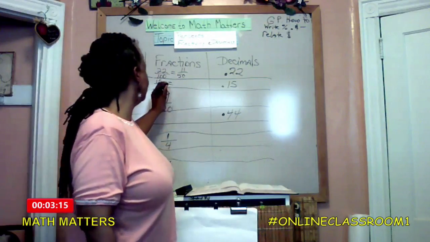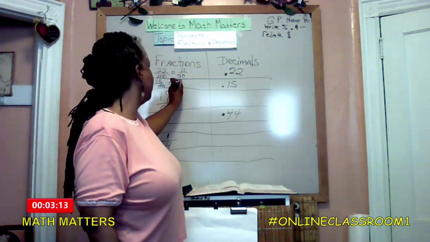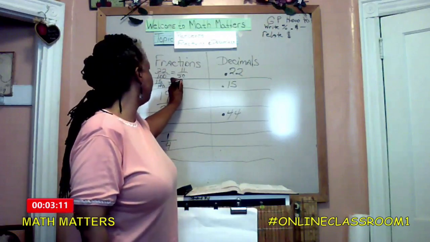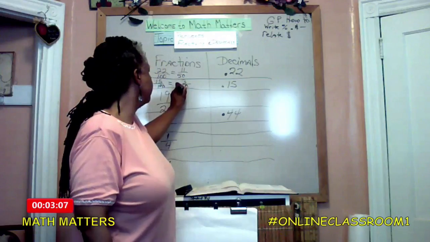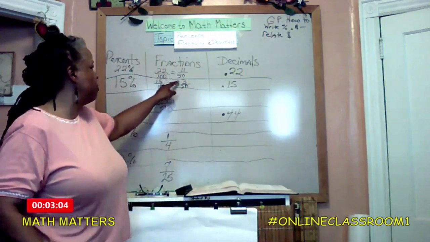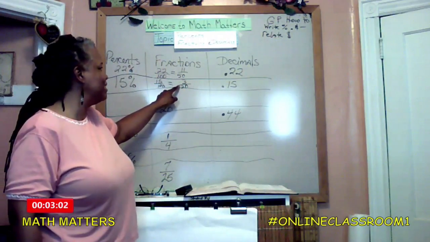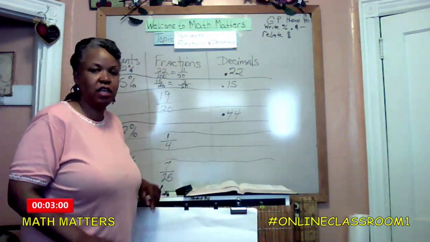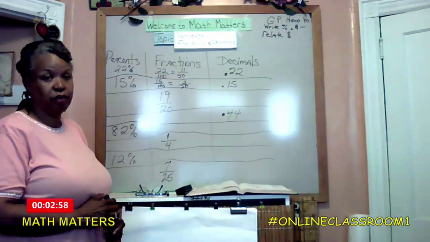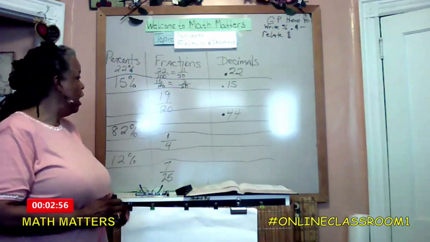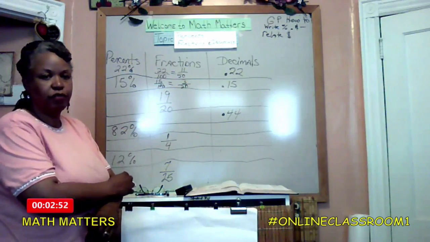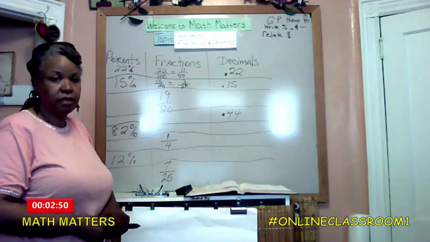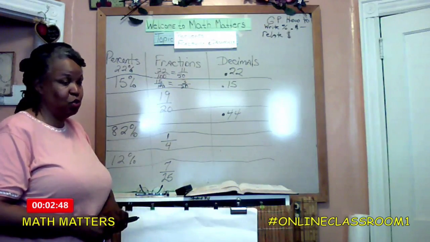Divide out: 15 divided by 5 is 3. 100 divided by 5 is 20. So 3 out of 20 written as a decimal would be 15 cents or 0.15. And that would also be 15%. 3 out of 20 is equal to 15%. Make sense? I hope so.